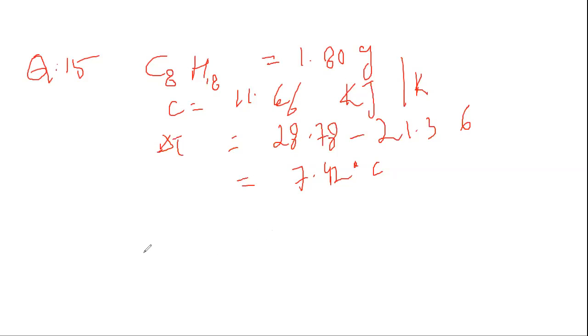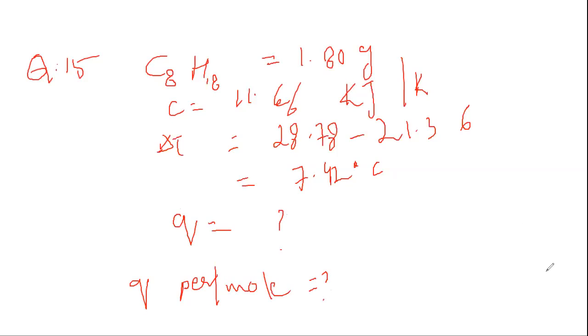Calculate the heat of combustion. You have to calculate the heat of combustion for 1.8 grams of octane. Also calculate the heat for 1 mole of octane. So you have to calculate the heat for 1.8 grams and also for per mole of octane.